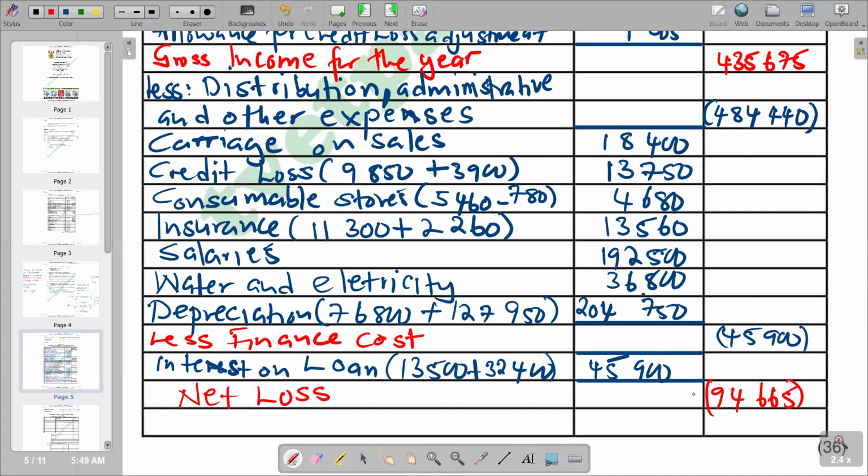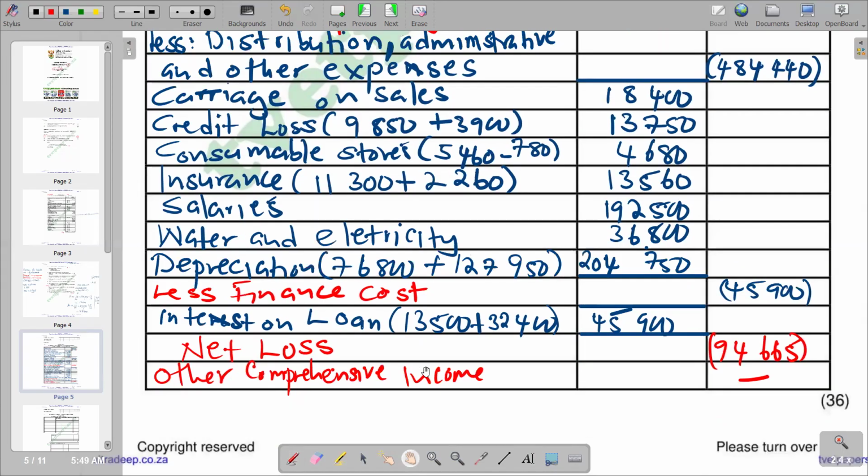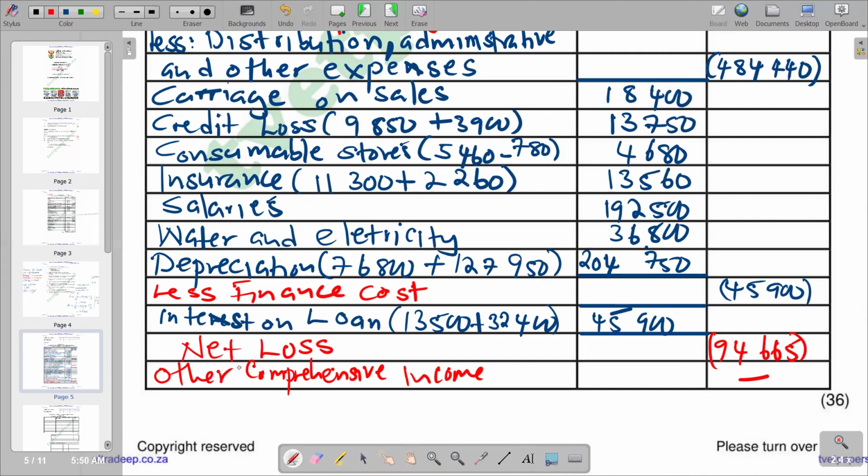So from there, you are supposed also to show other comprehensive income for the year. If you have other comprehensive income for the year, it's supposed to come in. In this question, we don't have anything, so you just put a dash. And then the final figure is supposed to be total comprehensive income for the year.